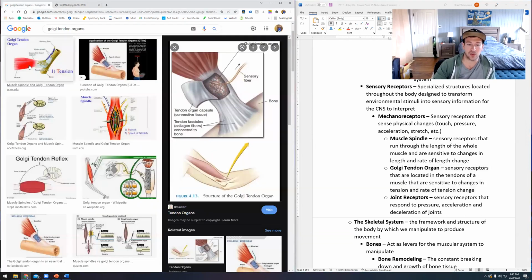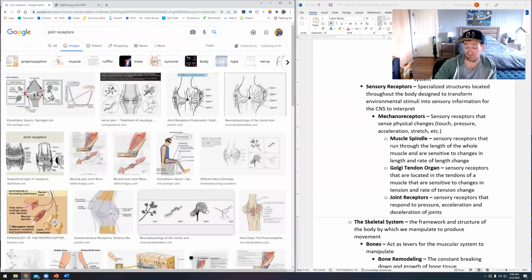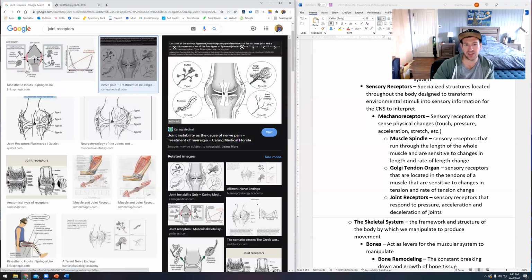And for the record, there are also joint receptors. There's actually a lot of them. Basically their job is to sense pressure, acceleration, deceleration, and they live within the joint capsule. When your joint collapses, it's like, woof, there's a lot of pressure in there.